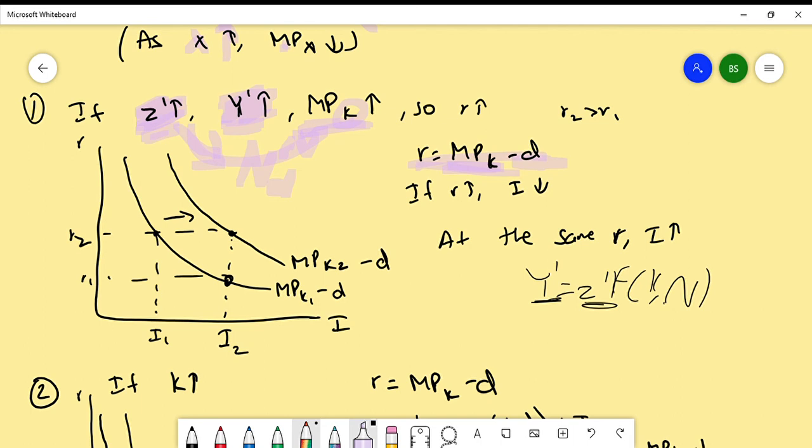I have a firm and I know that tomorrow everybody else is going to be so much more productive. Why would that mean that my marginal product of current capital increases?